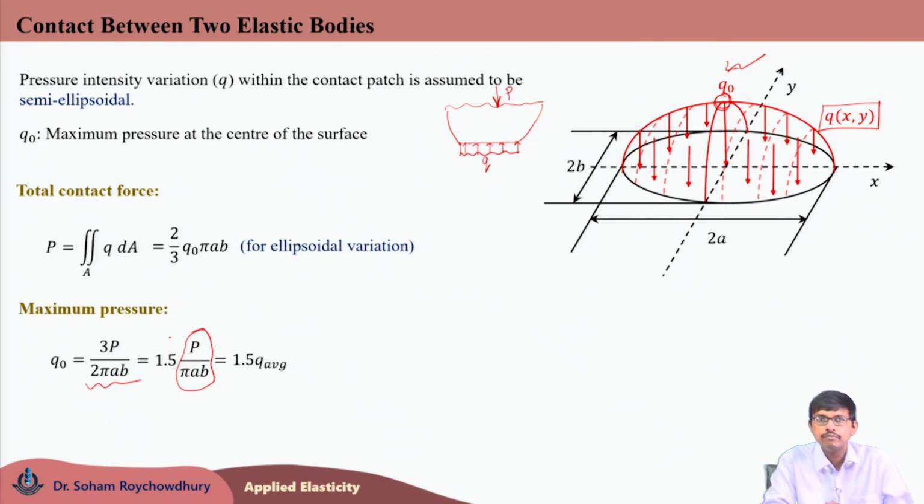If pressure is uniformly distributed over the elliptical area, then that would be called the average pressure q average. So, 1.5 times the average contact pressure is generated at the center of the contact surface, which we call q naught, or the maximum pressure generated at the center of the elliptical contact patch once two elastic bodies are pressed.